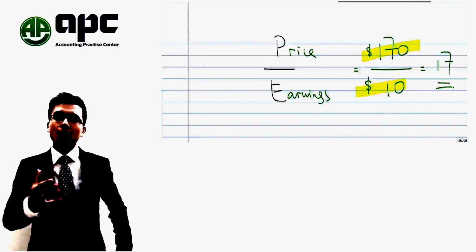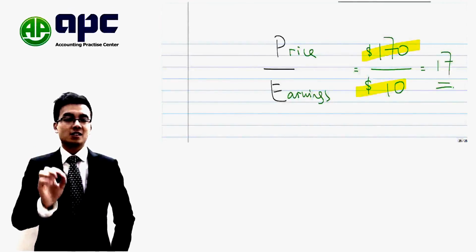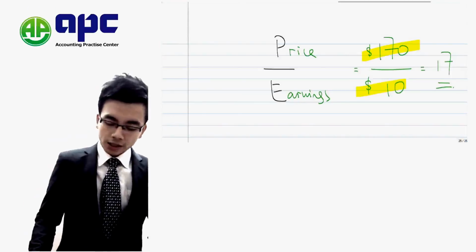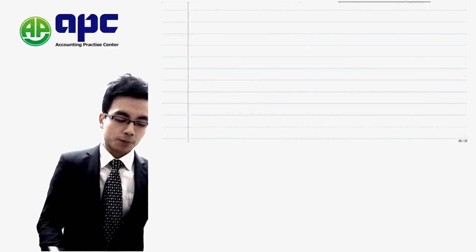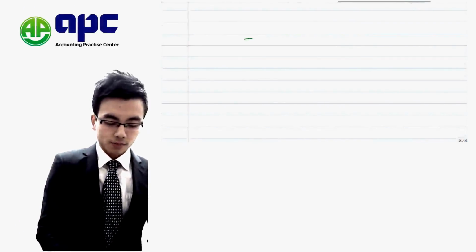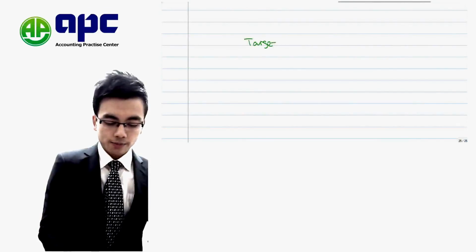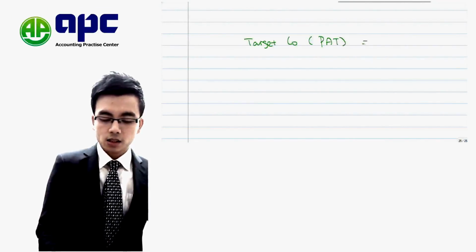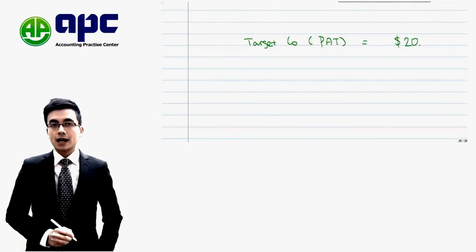But the question is, how are we going to use this to estimate the price of the company? Let's have a look at the example. If the target company has made a profit after tax of $20, and we are told that the target company is involved in the supermarket industry.